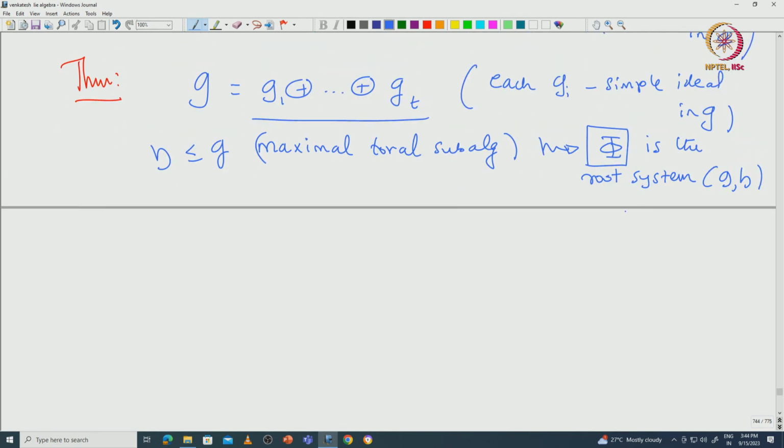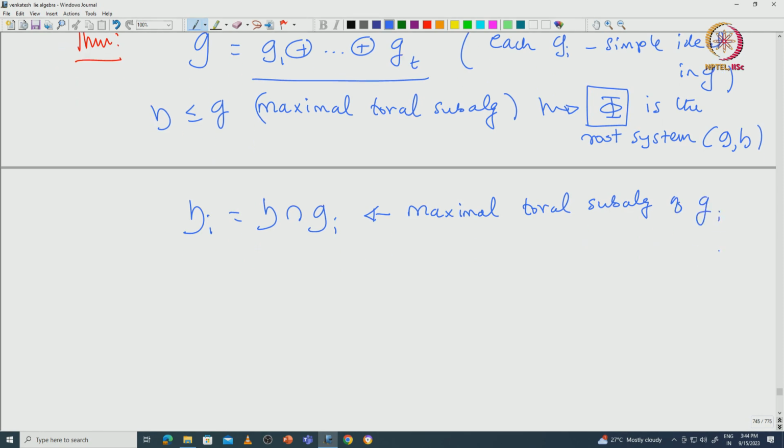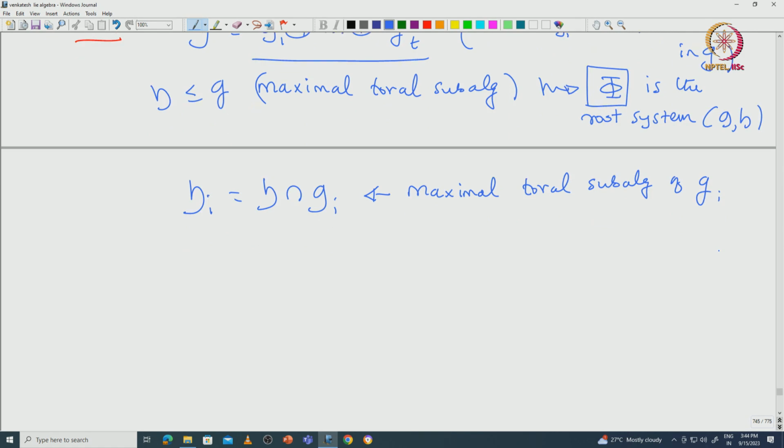As expected, we can prove that if you take Hi, the intersection of H with Gi, that will be a maximal toral subalgebra of Gi, and then you can talk about the root system of the pair Gi and Hi.